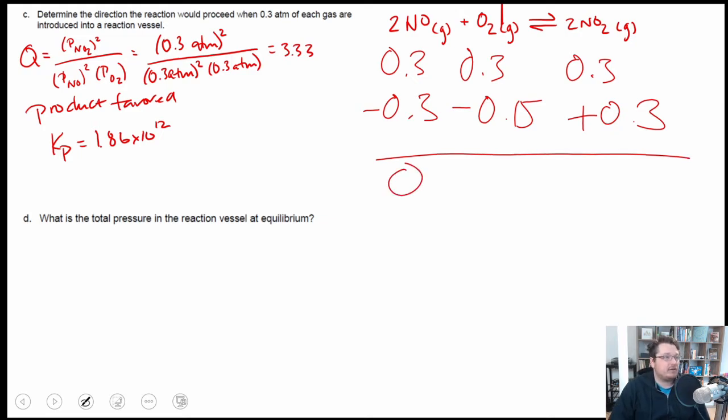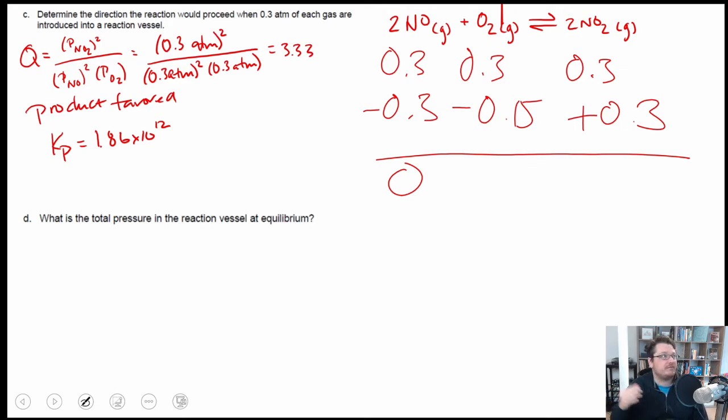Technically there will be some. It'll just be incredibly, infinitesimally small, because our Kp value is in the trillions. It may have a partial pressure of like 1 times 10 to the negative 7 atmospheres, whereas everything else is at least 5 or 6 orders of magnitude higher.